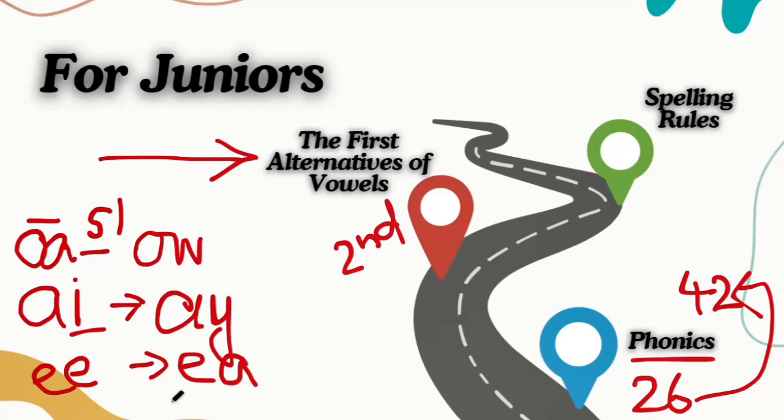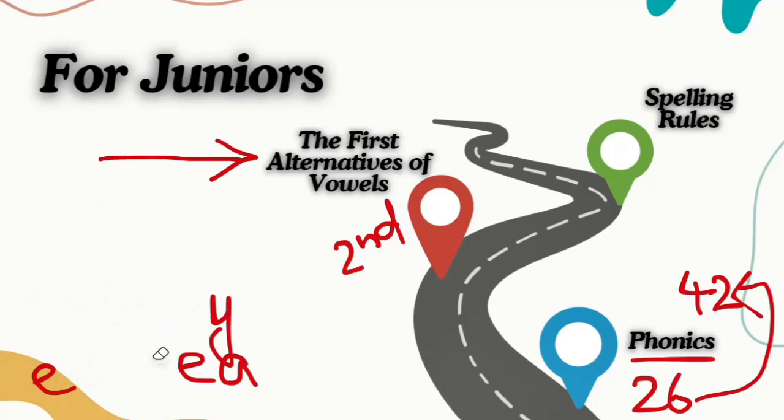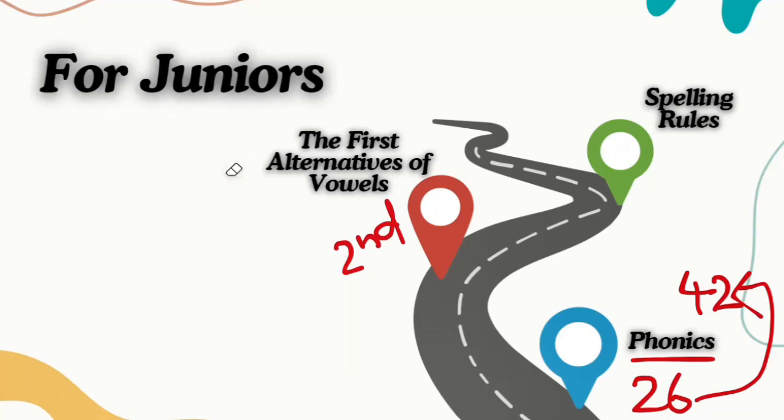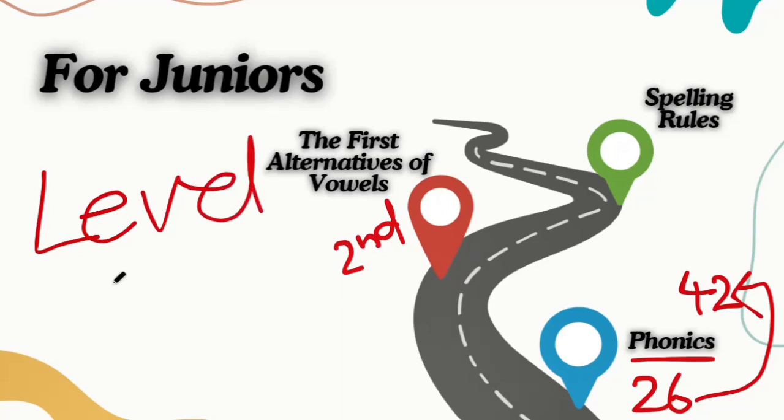For this, we don't have any rules, but I have explained all these things in the second day recording of the spelling rules workshop, the same workshop that I'm giving here. So you can check out the second day recording, and I will also share my spelling rules book for level 1, where I have created some stories to teach the first alternatives of vowel sounds.